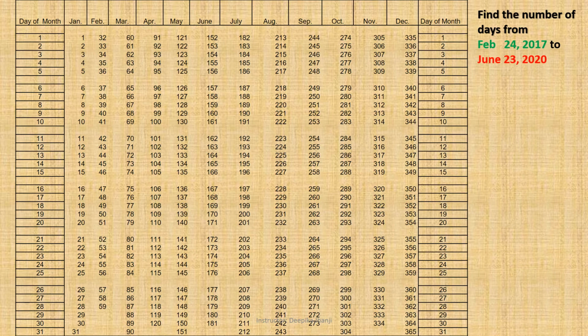Let's consider another question. Here the dates are February 24, 2017 to June 23rd, 2020. So here we are moving from one year to a different year.